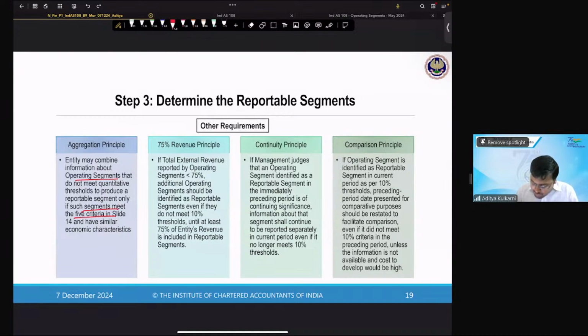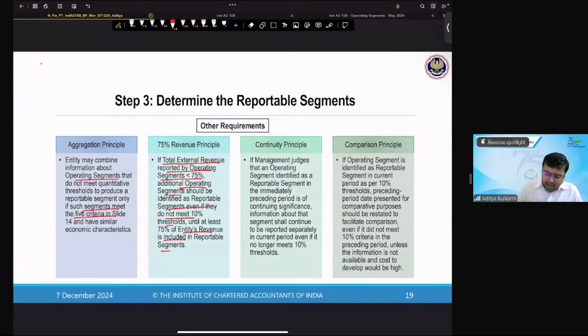If total external revenue reported by operating segments is less than 75%, then you should go on adding additional operating segments, even if they do not meet the 10% thresholds, until at least 75% of the entity's revenue is included. Did you understand this?